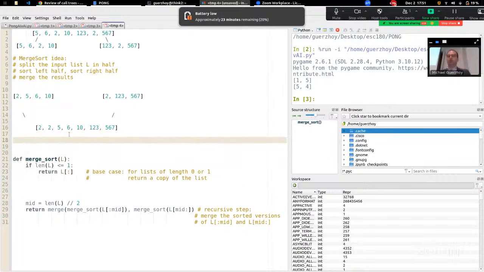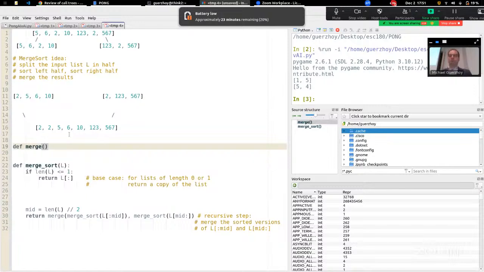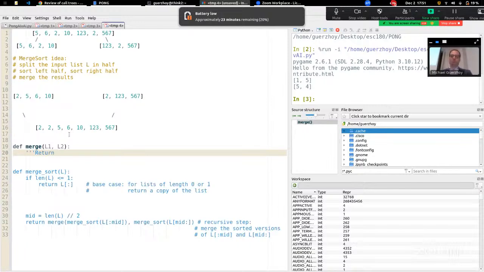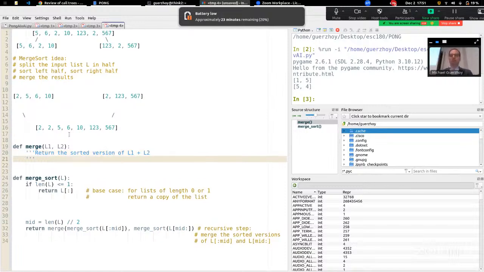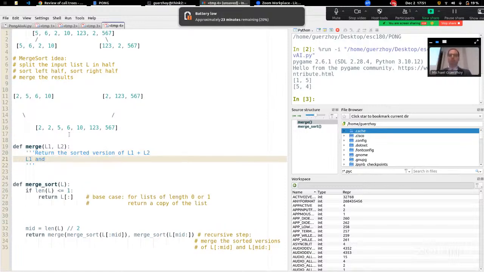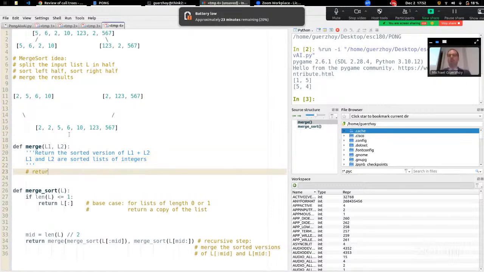So merge. Basically, L1 and L2 are sorted. Okay. And you could, of course, say return sorted of L1 plus L2, but that's kind of cheating, and that would be slow because it's not using the fact that L1 and L2 are sorted.